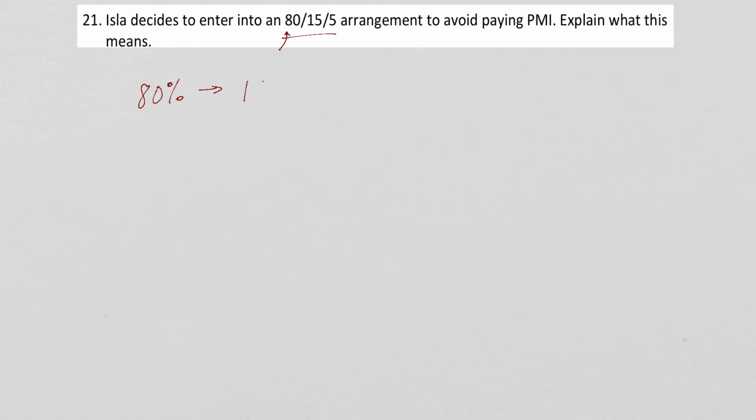So this is your first mortgage. Then the 15 represents monies borrowed on a second mortgage from a second mortgage company. It cannot be the first mortgage company. So this is a second mortgage, and this is your piggyback loan.